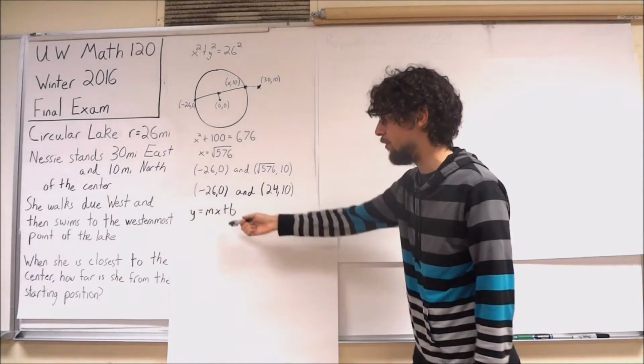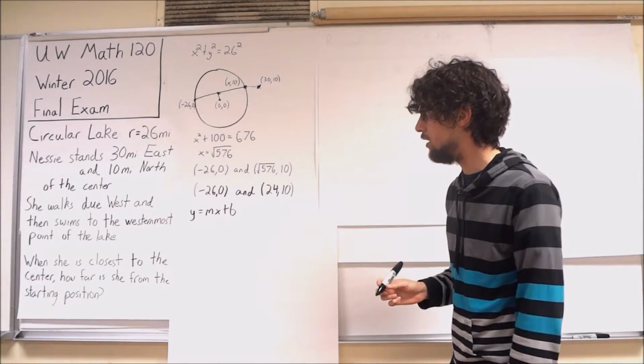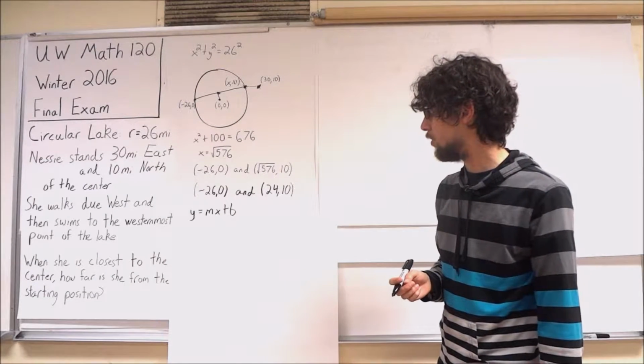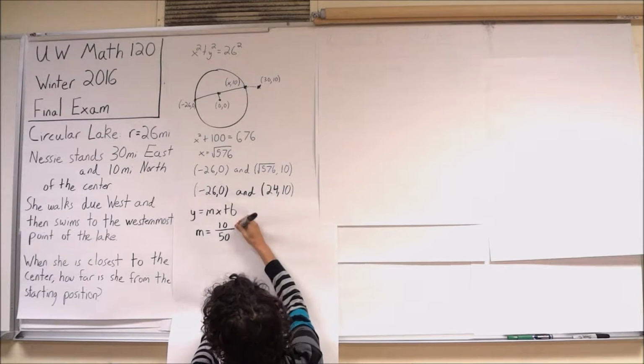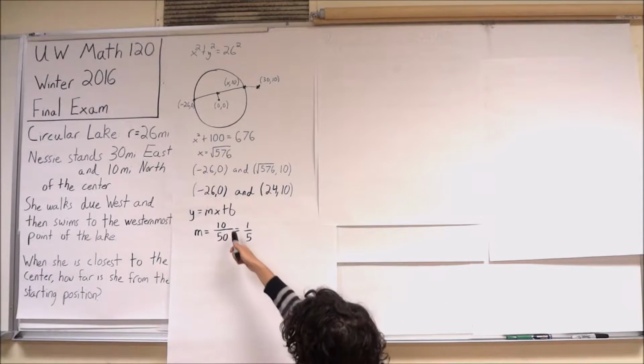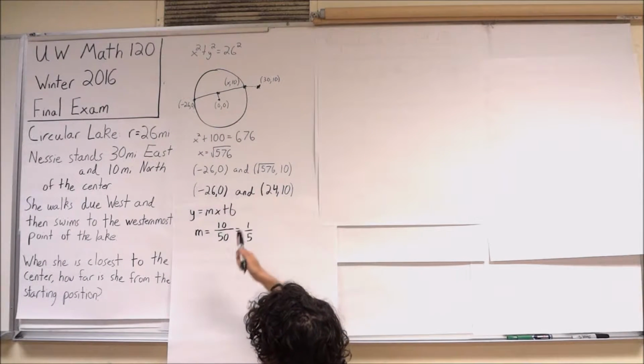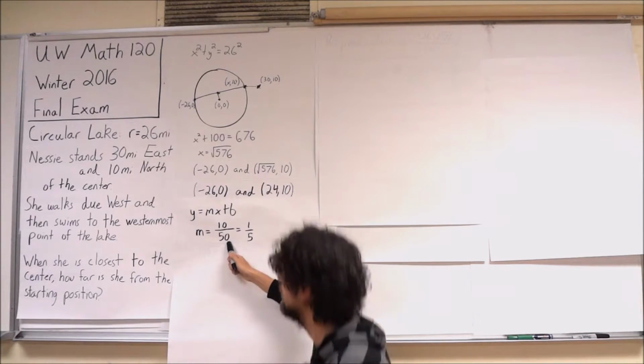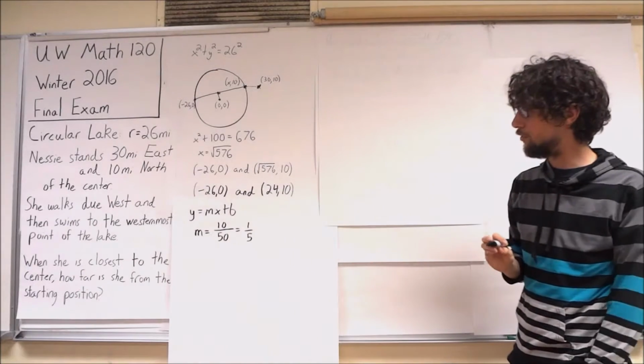It's going to be something of the form y equals mx plus b. We just need the slope and the y-intercept. The slope, we have a rise of 10 from 0 to 10 and a run of 50 from negative 26 to 24. So the slope is 1/5.